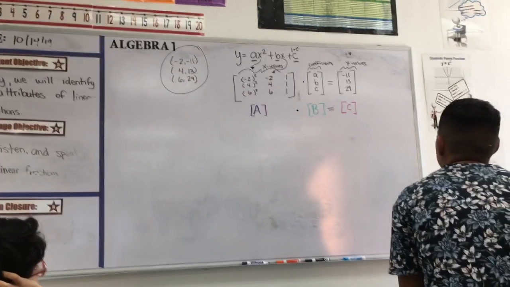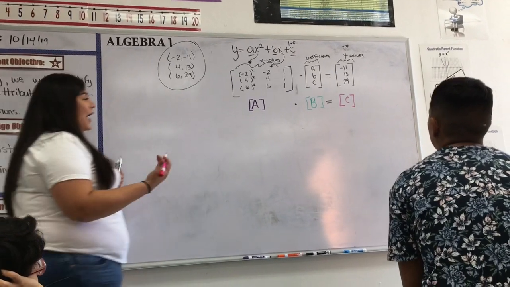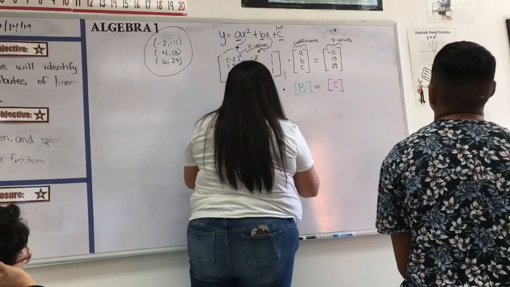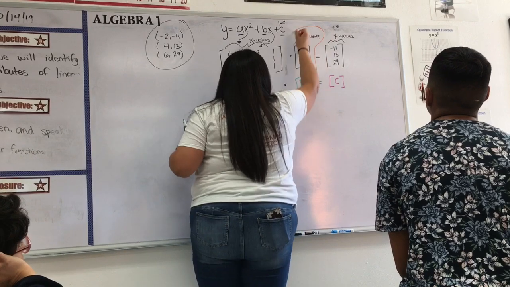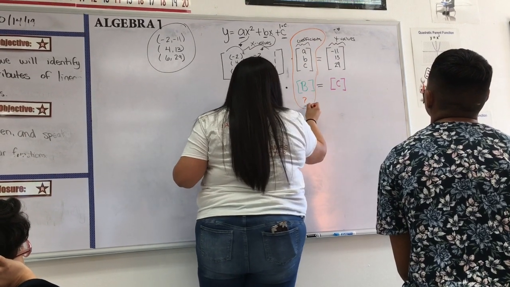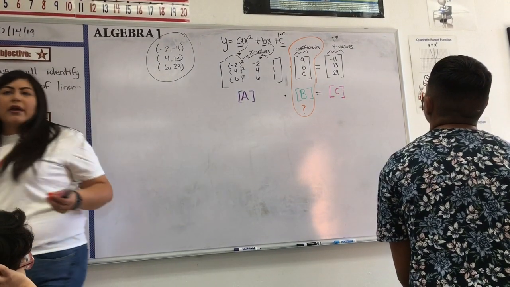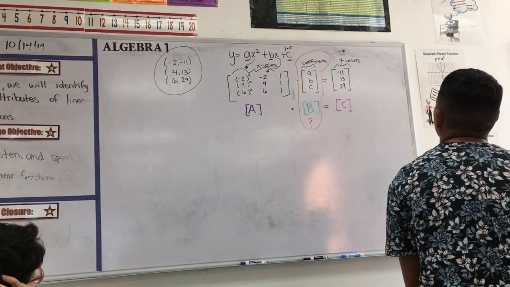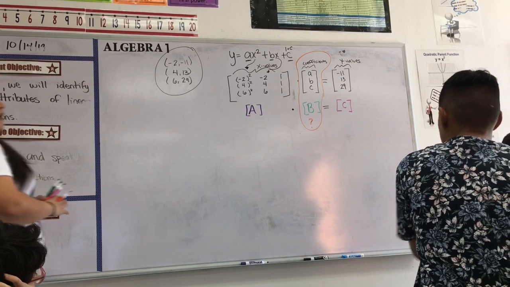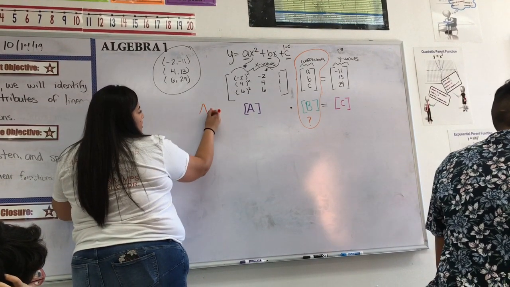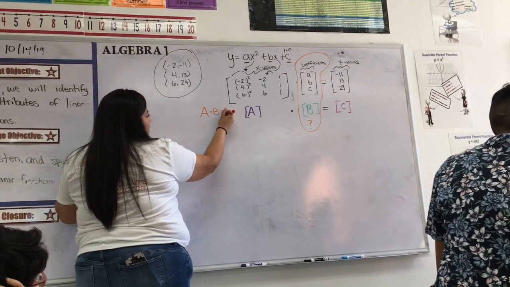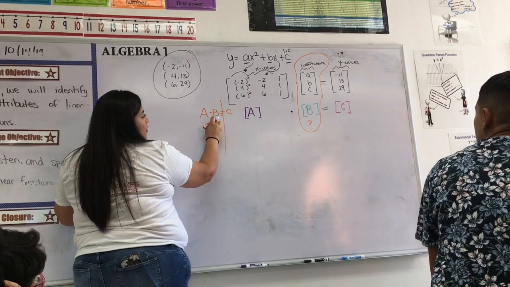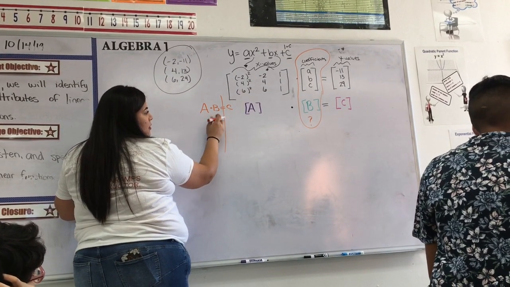Alrighty. Now, I need to solve for B because right now, that's what I don't know. I don't know what my coefficients are. So in normal algebra, if I have A times B and I want to figure out what B is, what would I do?